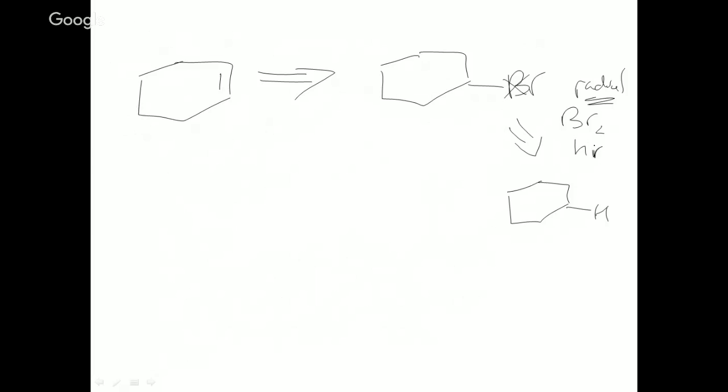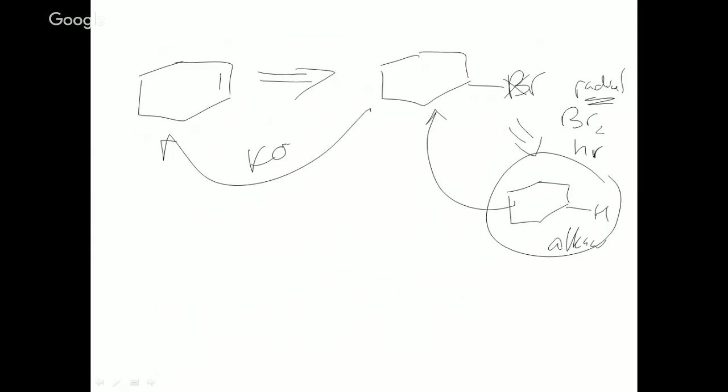You can do that with bromine and chlorine. We'll talk about that later. But just so you know, you can take things like cyclohexane, alkenes, make the bromide. So in the forward sense, bromine and light, or bromine and heat, make the bromide. And then in the forward sense, you use potassium tert-butoxide or something like that, DBU, DBN, LDA, etc. We didn't talk about LDA for double bonds, but you get the idea.